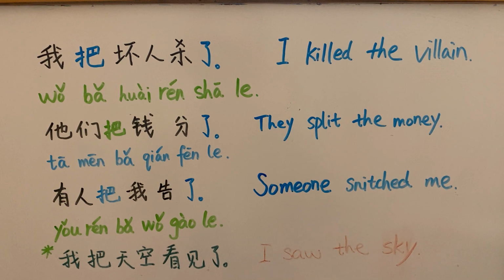I saw the sky. But you can't say that in this way, using the 把 sentence pattern, because the object 天空 cannot be influenced by the subject 我. Right? There is no connection between 天空, the sky, and 我.